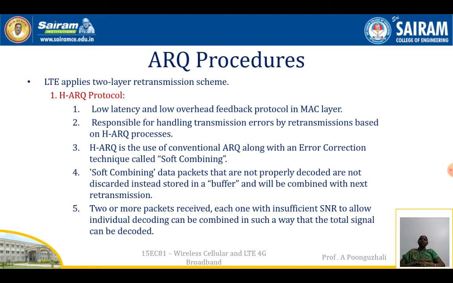Here it uses the conventional automatic repeat request along with an error correction technique called soft combining. In soft combining, when the eNodeB transmits data packets and the user equipment does not receive them properly, the wrong data packets are not discarded by the user equipment; instead they are stored in the buffer.